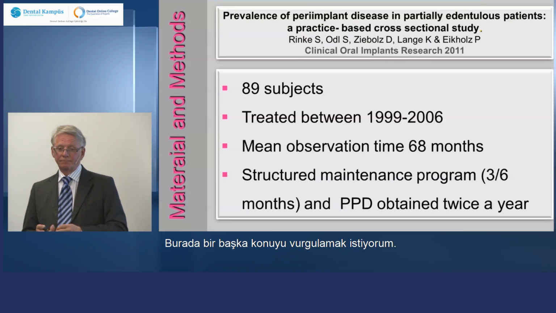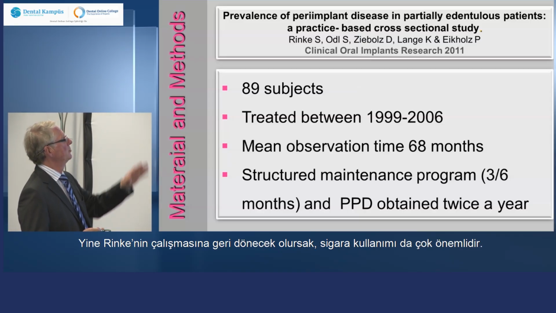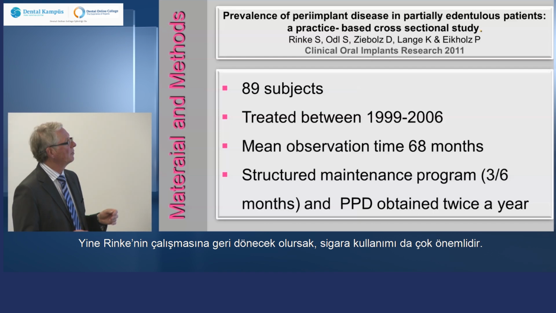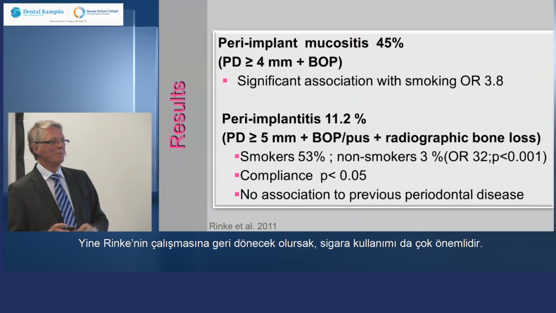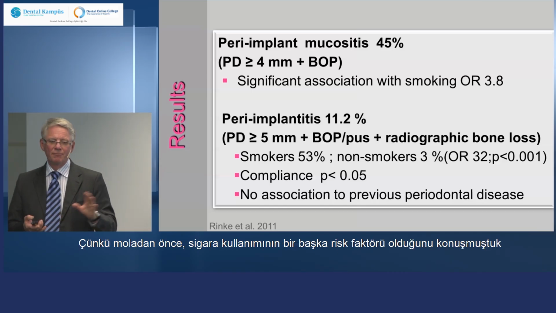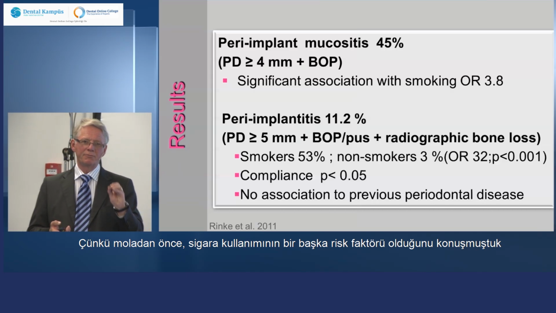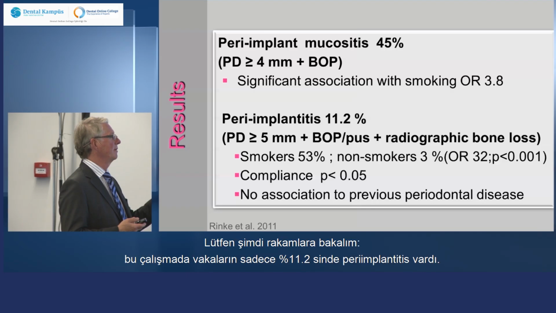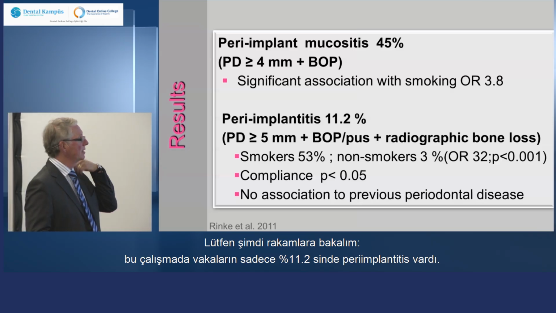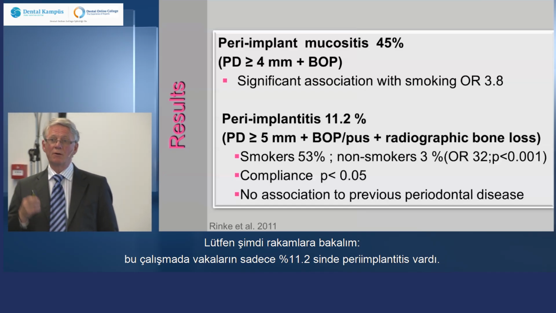I will just highlight another thing, also coming back to the study by Sven Rinke, and just look now at the importance of smoking, because we discussed also before the break that smoking is another risk factor. And please now look at the figures. As I told you before, in this study he had periimplantitis only in 11.2% of the cases.